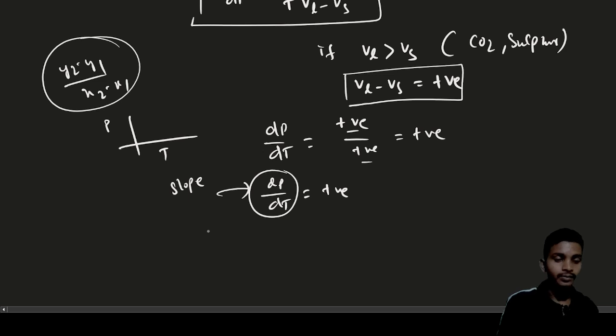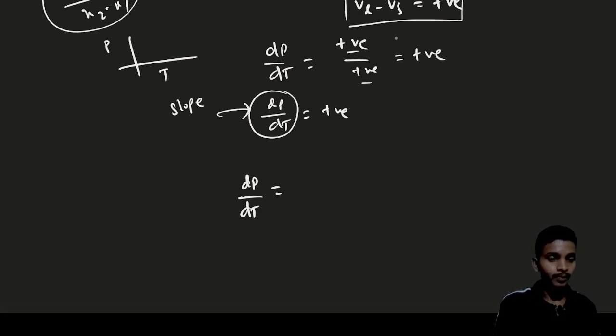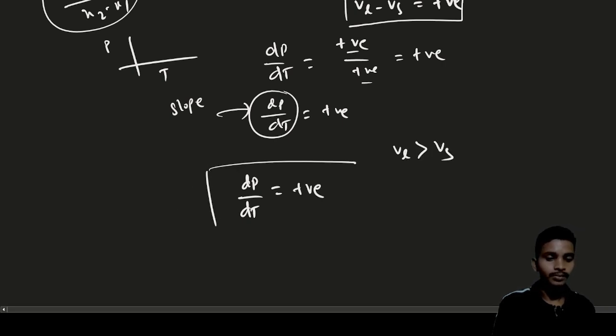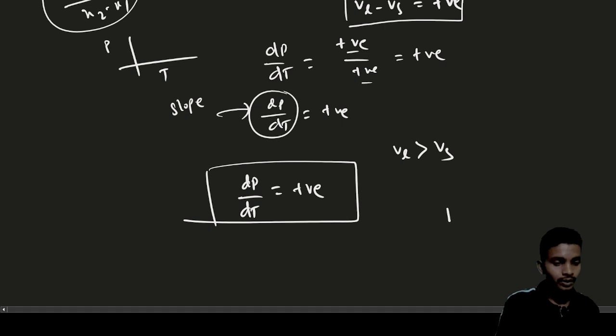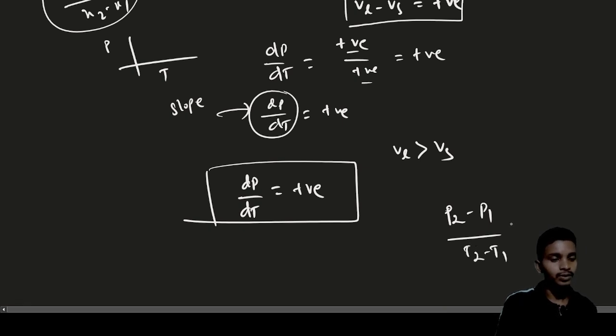Okay, so if dP by dT is this value, and the volume of liquid is greater than the volume of solid, then this value is positive. So how will this value come? If you increase the pressure, ΔP means P2 minus P1 and ΔT means T2 minus T1. So how will we get this positive value?